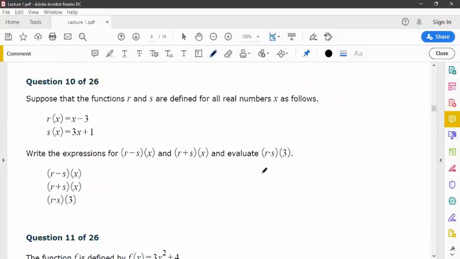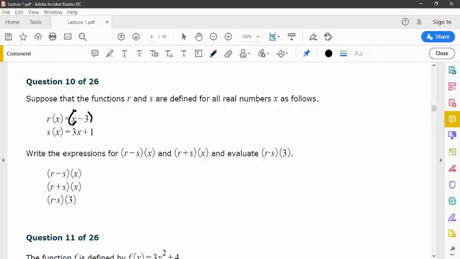Our next example is we're going to be dealing with 3 different operations. We're going to be dealing with subtraction of functions, addition of functions, multiplication, and evaluating the function after we multiply. So here we have r of x equals x minus 3. I always think it's a good idea to put it in parentheses. It will keep you straight when it comes to the signs.